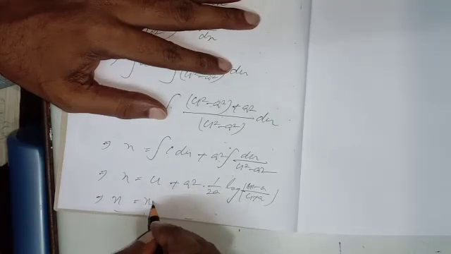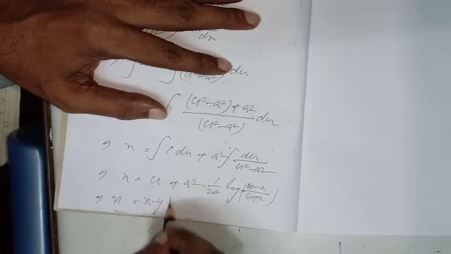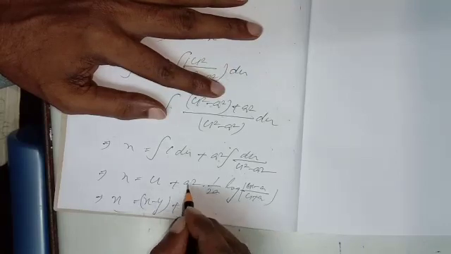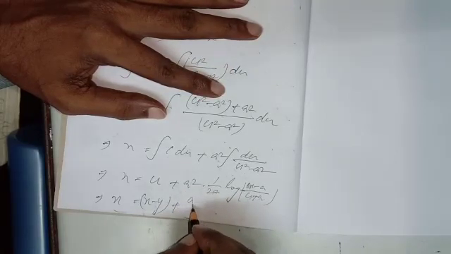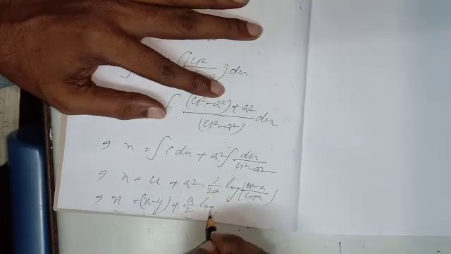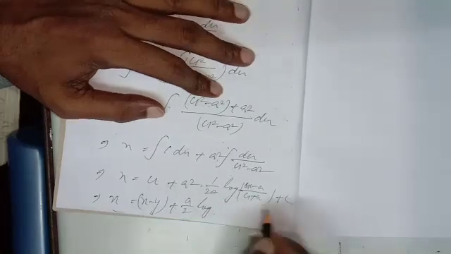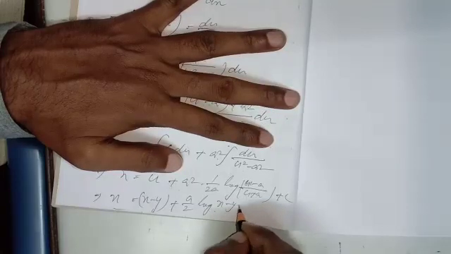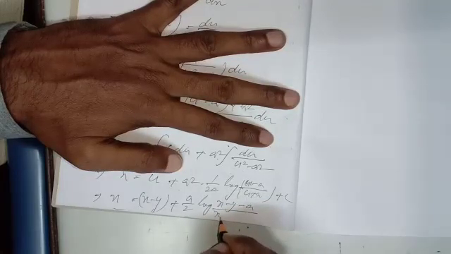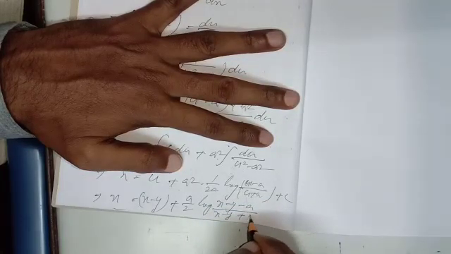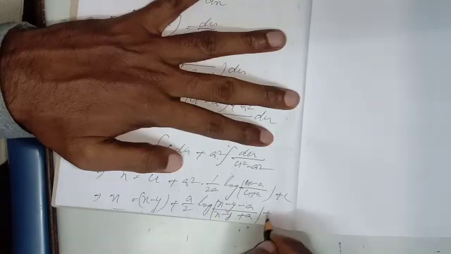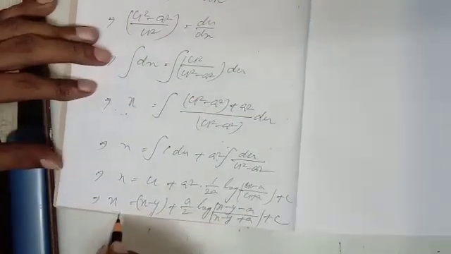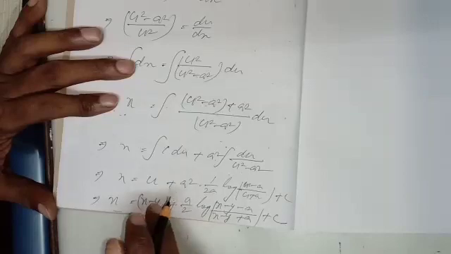That is x minus y. The value of u is x minus y, and this will be a square by 2a, means a by 2 log, plus the integration constant, log of (x minus y minus a) by (x minus y plus a) plus c. Now x on both sides cancels, minus y bring this side.